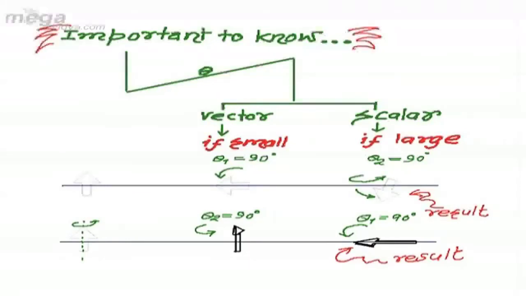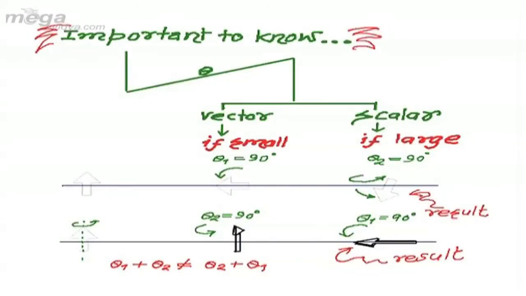So we can say in this process, theta 1 plus theta 2 is not equal to theta 2 plus theta 1, so it does not follow the commutative law of vector addition, meaning it cannot be a vector. So we will treat this angular displacement under these conditions as a scalar.